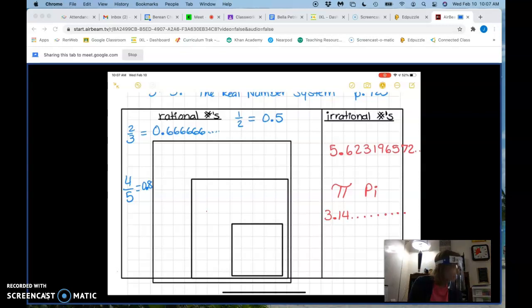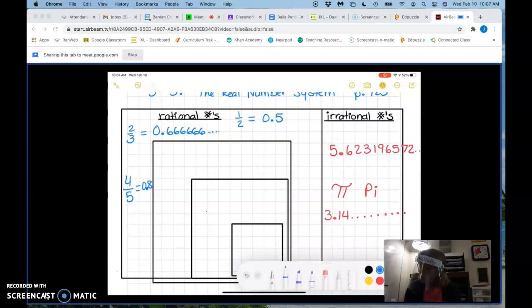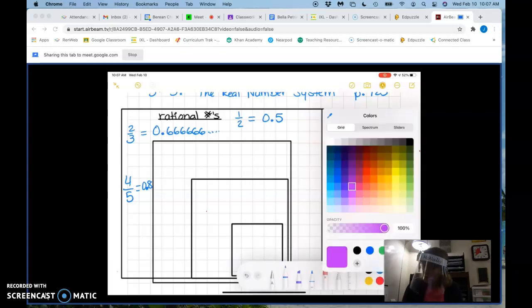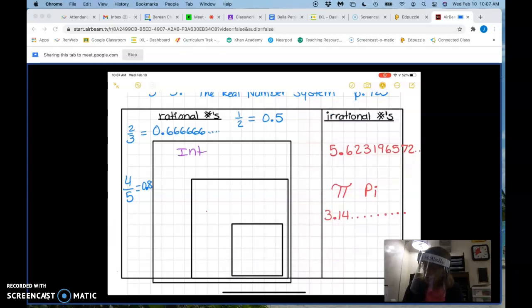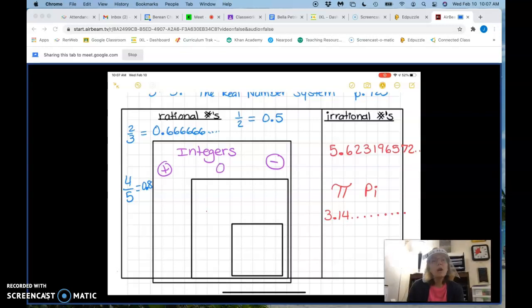The next type of number that we're going to talk about is called integers. Does anybody remember what an integer is? Integers are positive numbers, negative numbers, or 0. Okay? But integers are not fractions. So, in the integers box, I want us to write some examples.